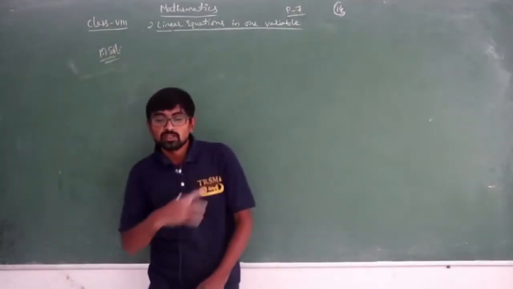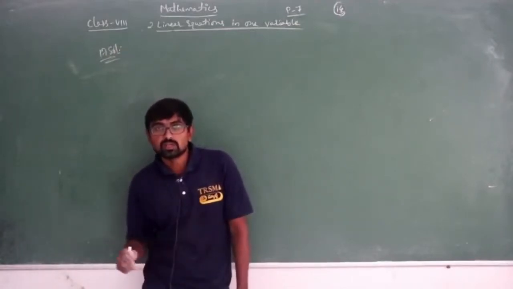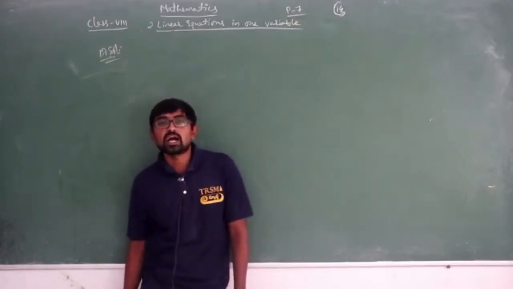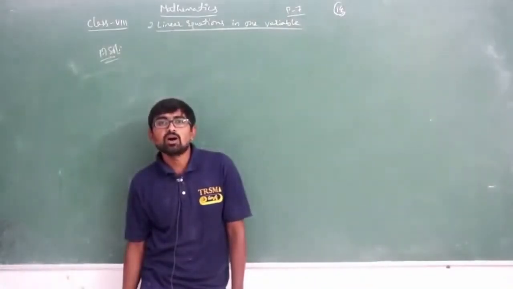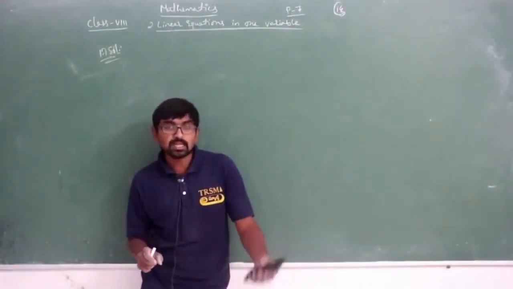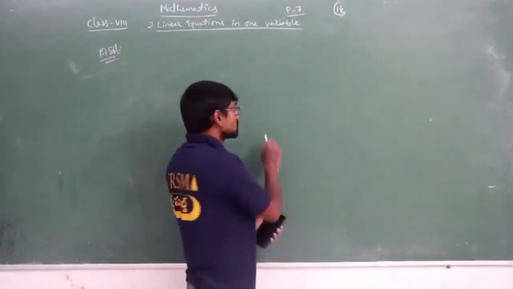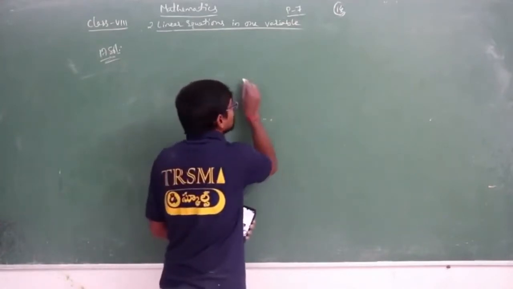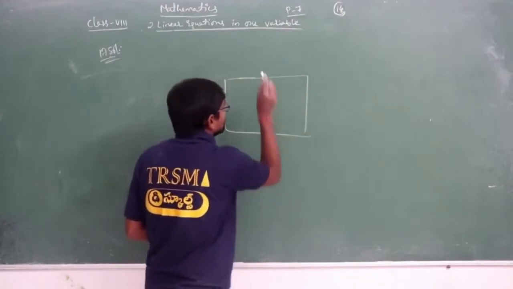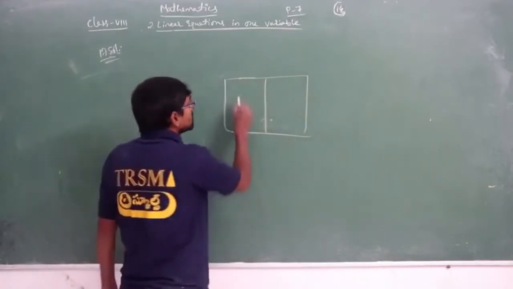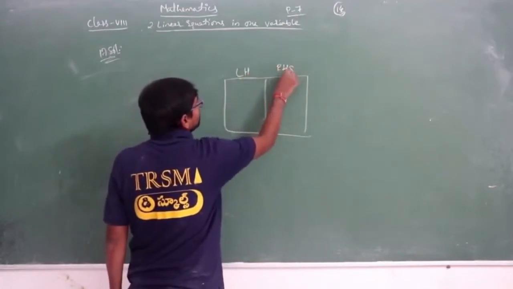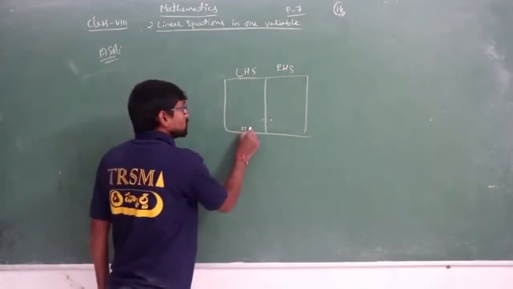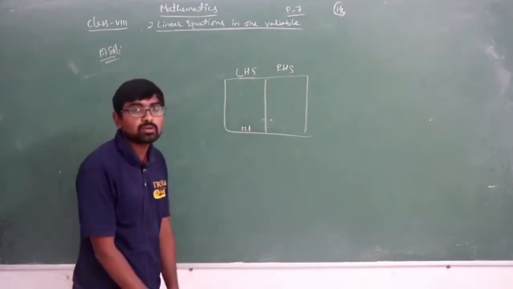If I say you open your mathematics book to any page, and I ask what is the number on the left hand side of your page, you will say, sir, on the left hand side I have the number 121.